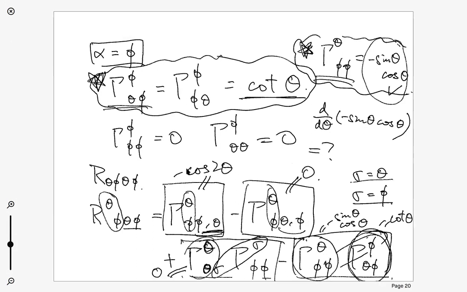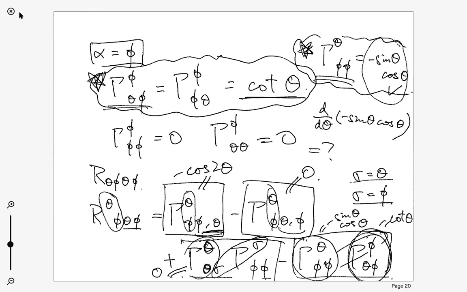Okay, anyway, I think this is very simple math. I won't waste time on getting the page. But now we have this minus cosine 2 theta, and then plus sine theta cosine theta cotangent theta, right?